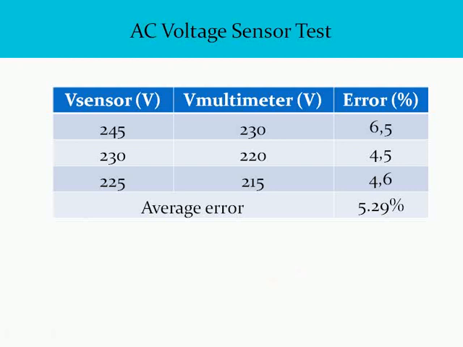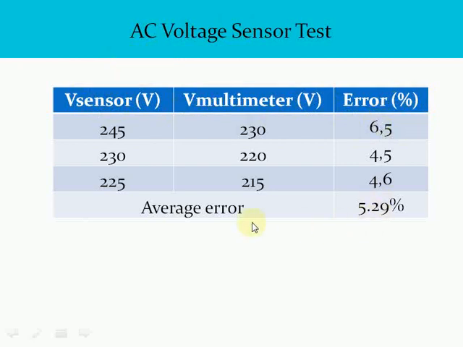And this is the result of the test for the AC voltage sensor. Like for the DC voltage sensor, we also conducted 3 tests. The voltage measured is about 220, and we also make a comparison. We compare the output of the sensor with the output of the multimeter, and then we calculate the error.